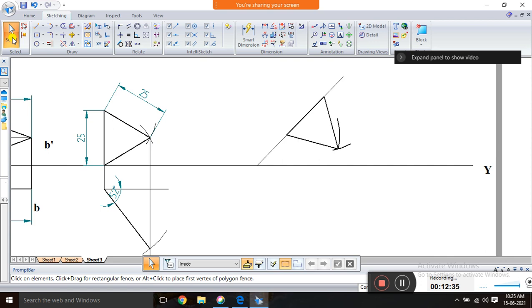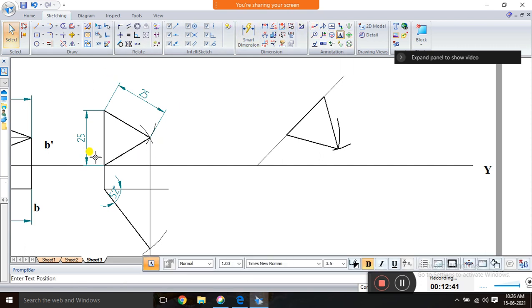Measure the side length and place and measure it. Okay, and afterwards this is what the A dash, B dash and C dash. Same thing you have to write it here. This is A dash, and this is C dash, and this is B dash.